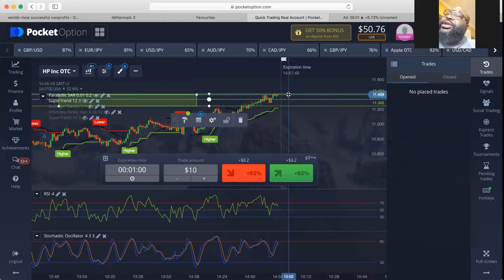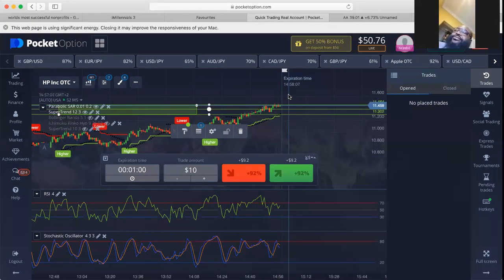Resistance is the ceiling. So support is the floor, like the floor we step on, and resistance is the ceiling of our house, like our roof. That makes sense? Right. Roof. Okay.